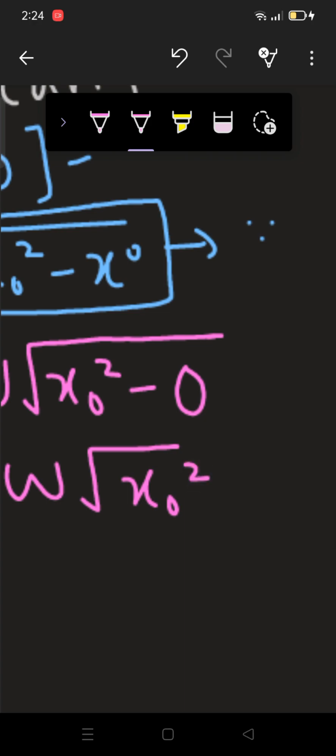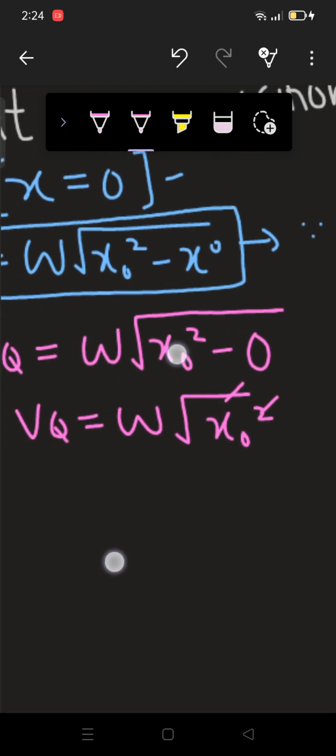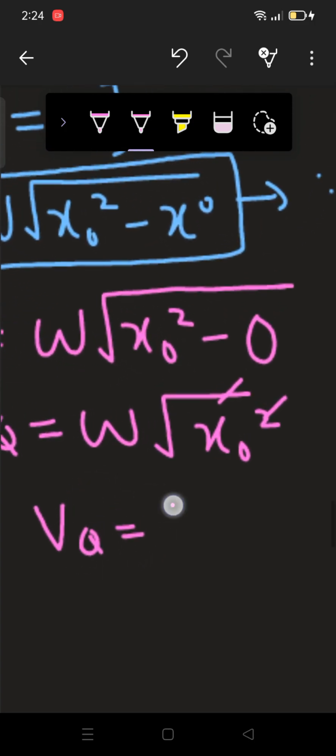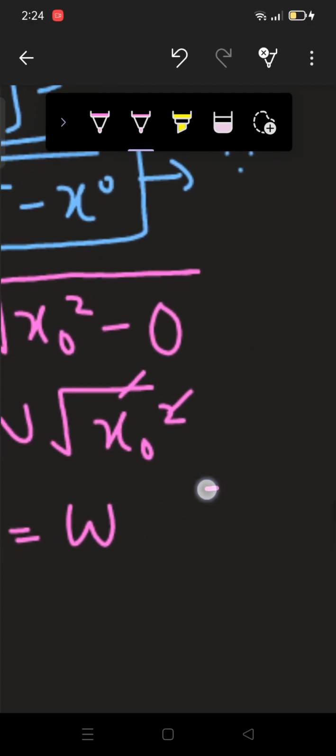The square cancels with the radical, and finally vq is equal to omega x naught.